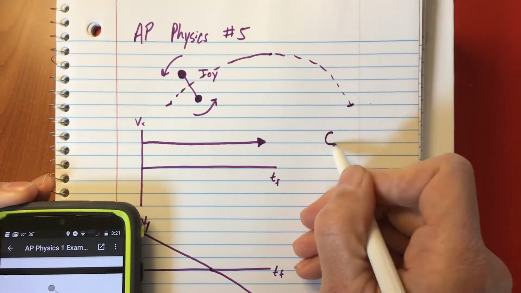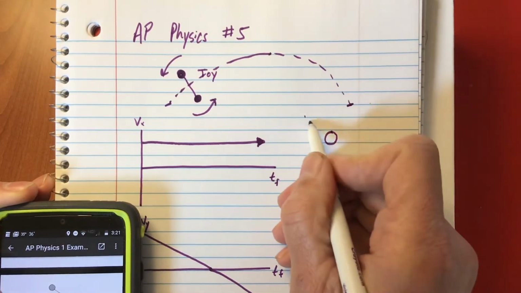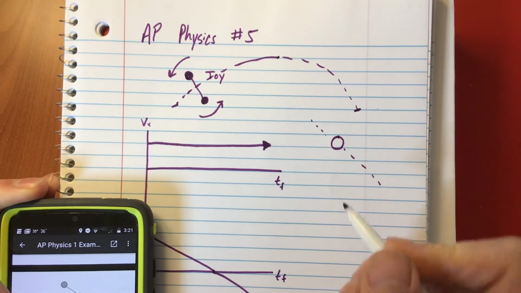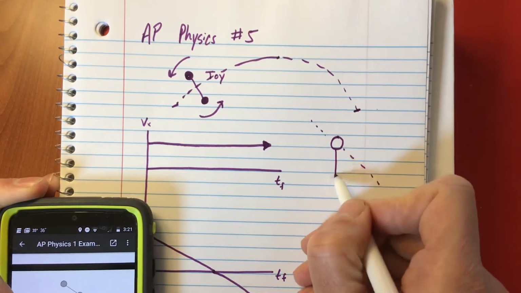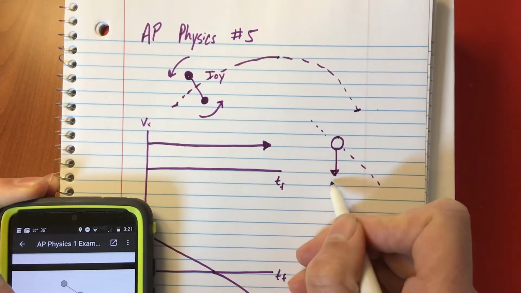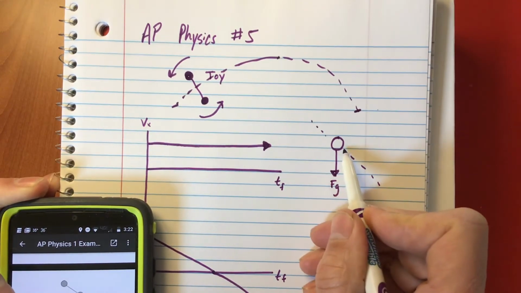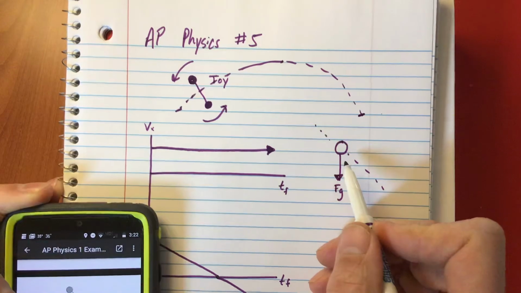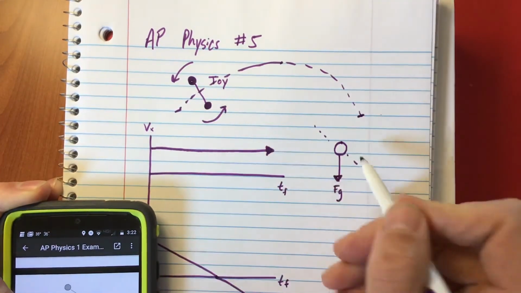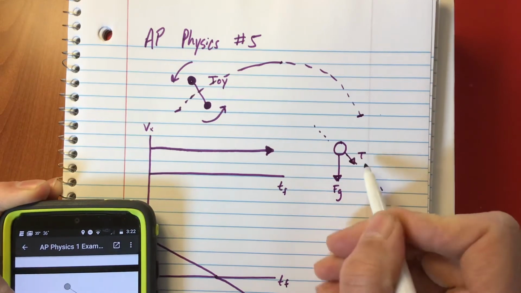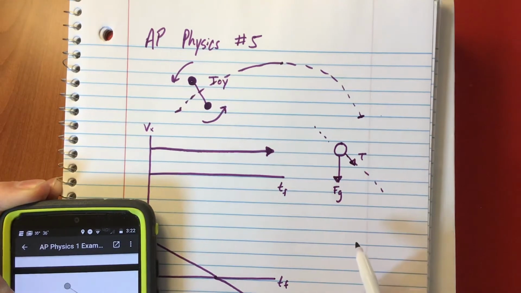So if this is our toy and this is our left sphere, then I would expect, again, a force down. So the force due to gravity, but the left sphere also has this string attached to it. So I would expect a tensional force also acting on that left sphere. So I would label that tension.